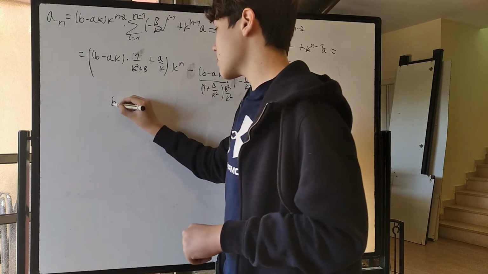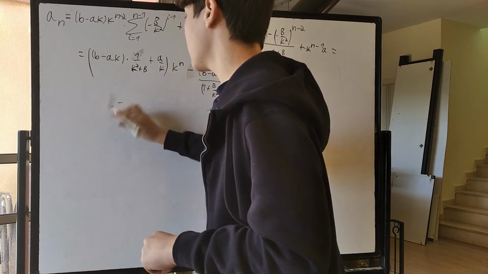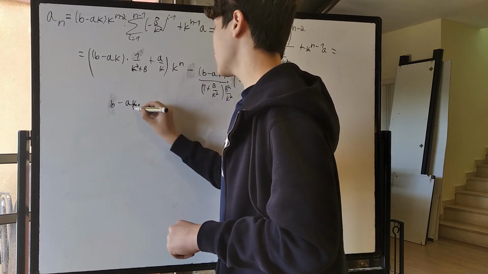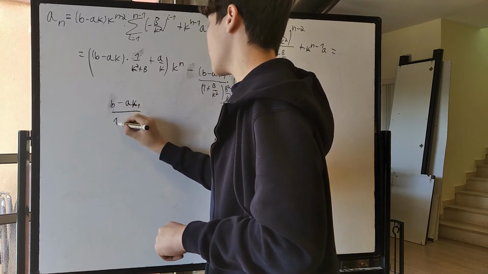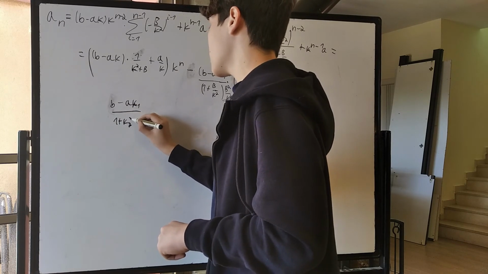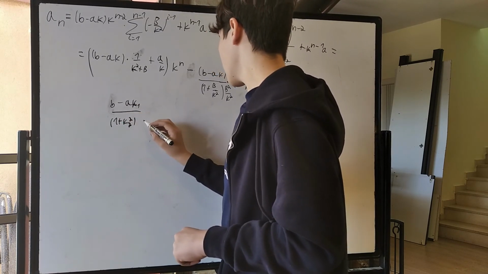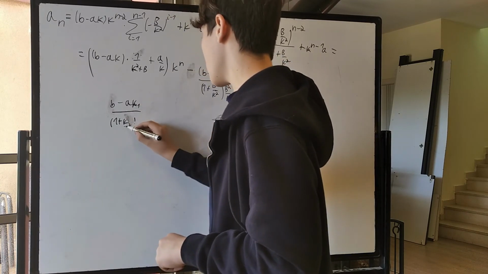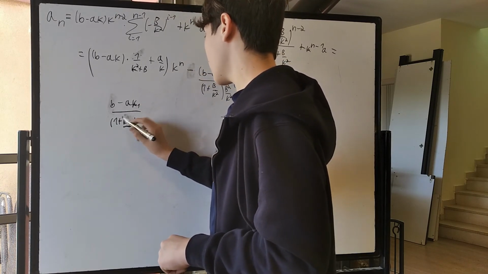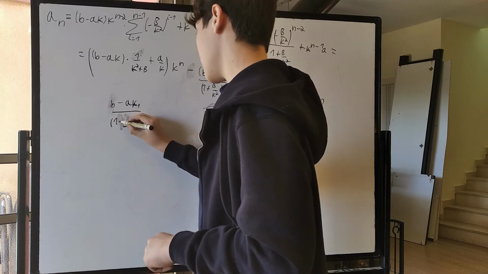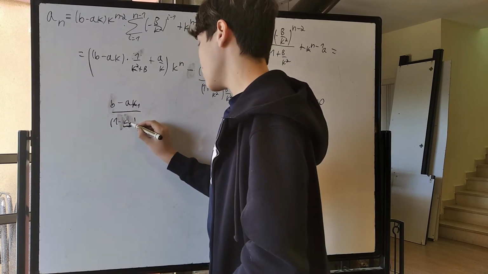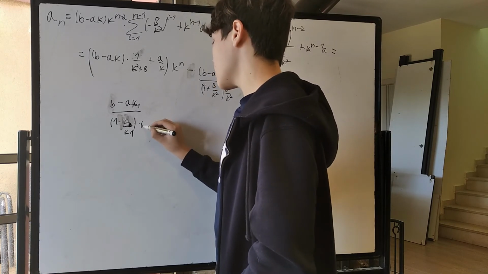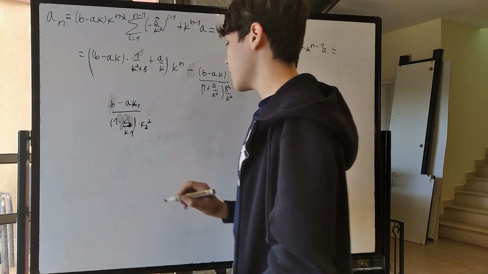So I'll get b minus ak1, divided by 1 plus k2 squared, no wait, times k2, 1 minus k2 over k1 times k2 squared.